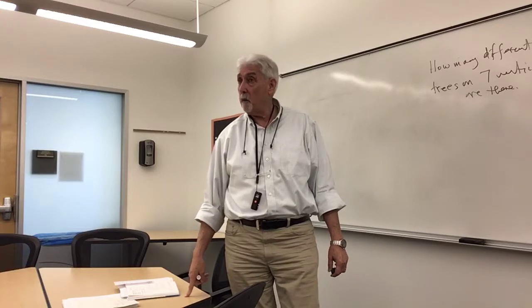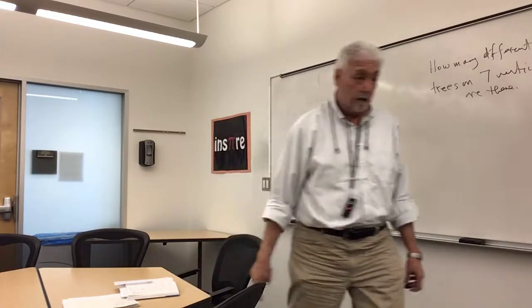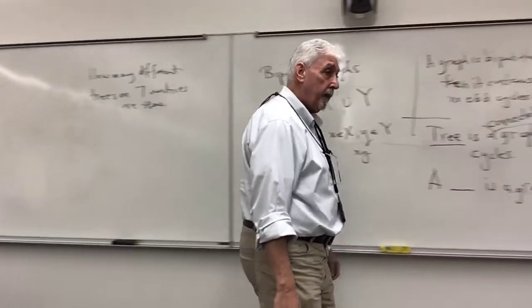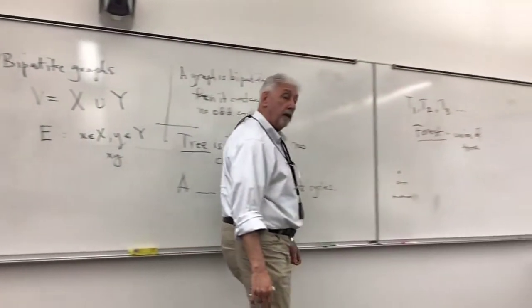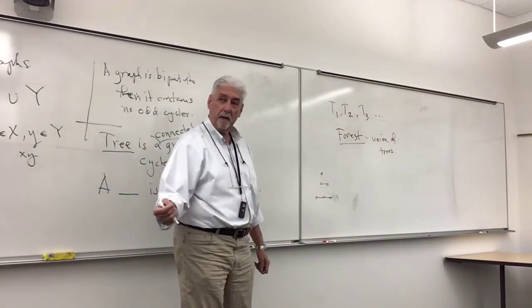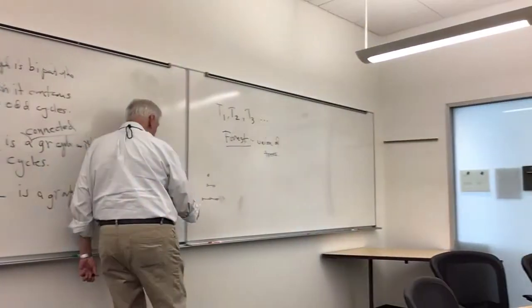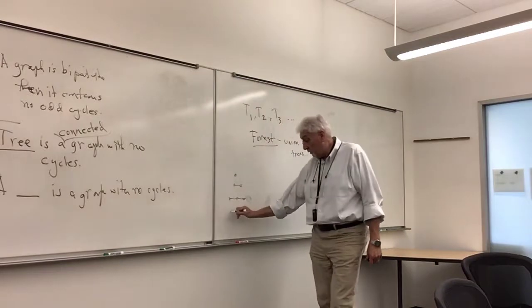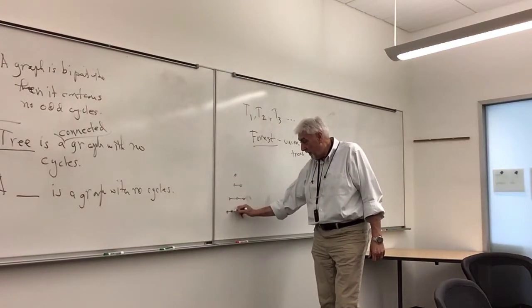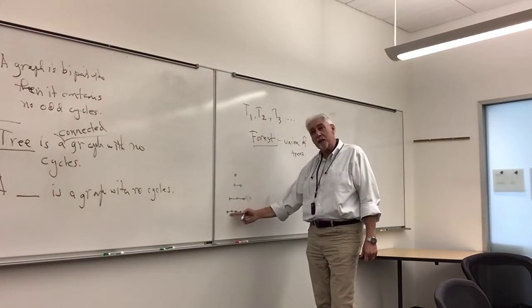What about 4 vertices? There are 2? Are you telling me or asking me? 2. Okay, what are they? Now what's this called?